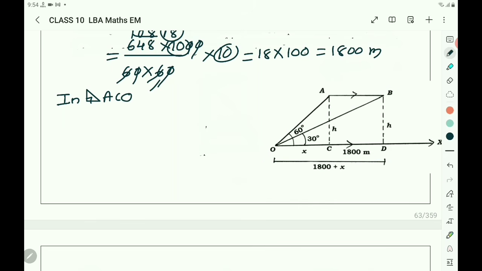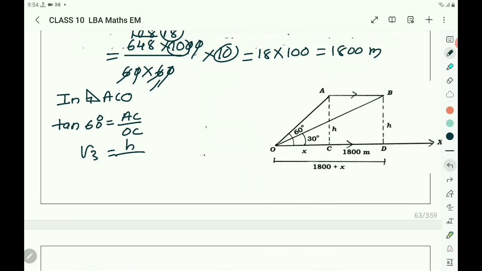In triangle ACO, write tan 60 degree is equal to opposite side AC by adjacent side OC. Tan 60 is root 3. Root 3 is equal to AC, which is H. It is shown in the figure.